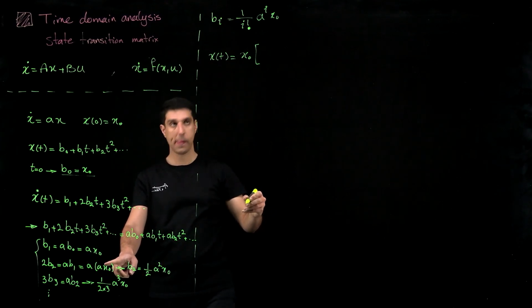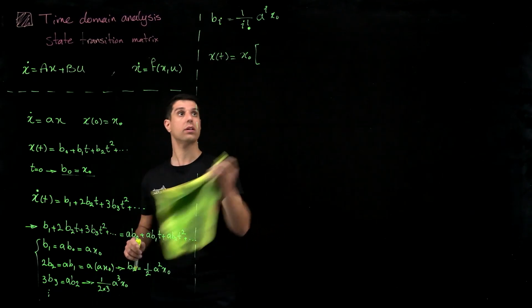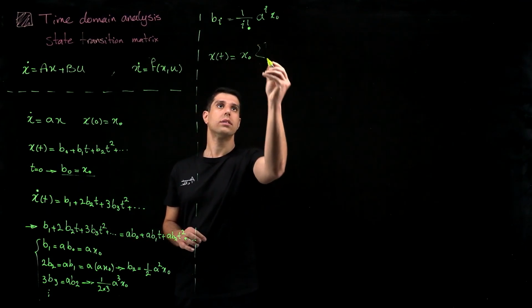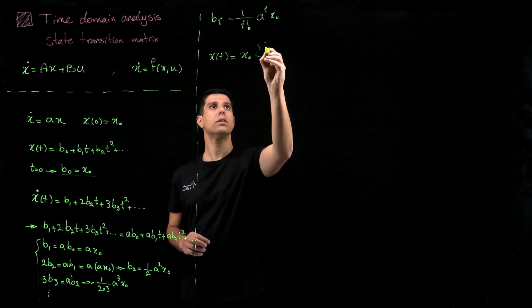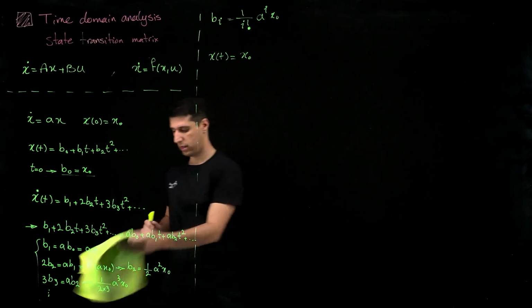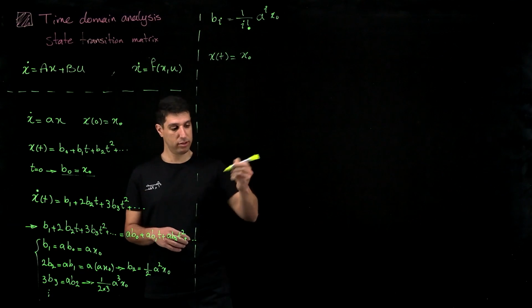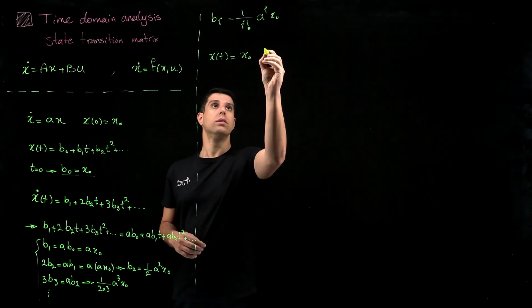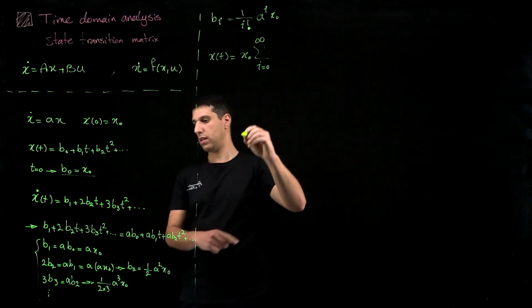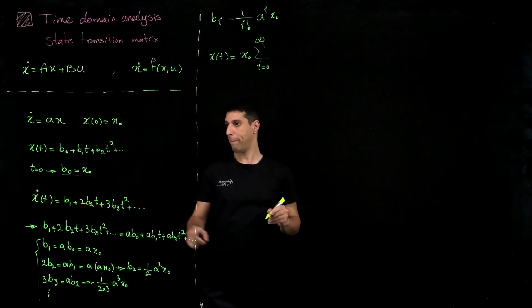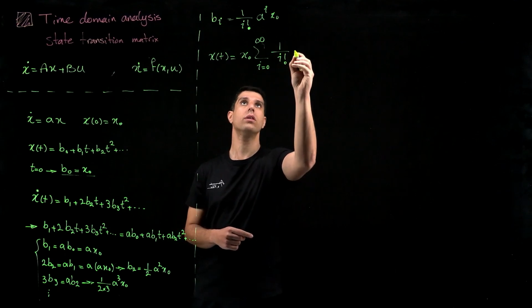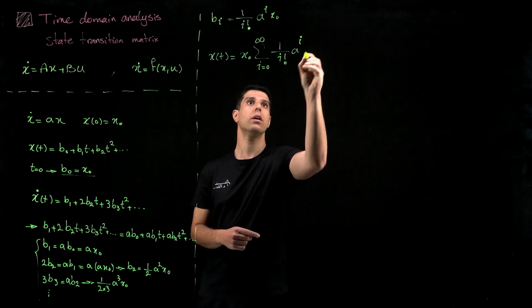Let me write it in summation form because it's easy. Summation i equals 0 to infinity. So b naught is that, 1 over i factorial a to the power i.